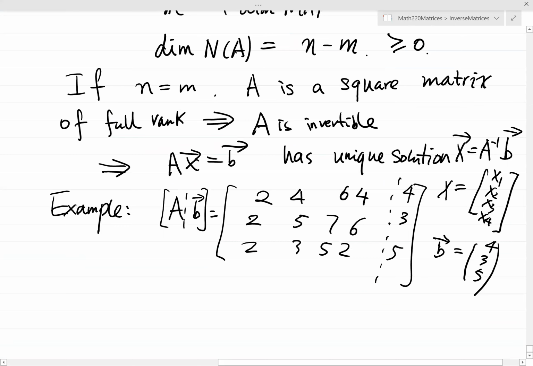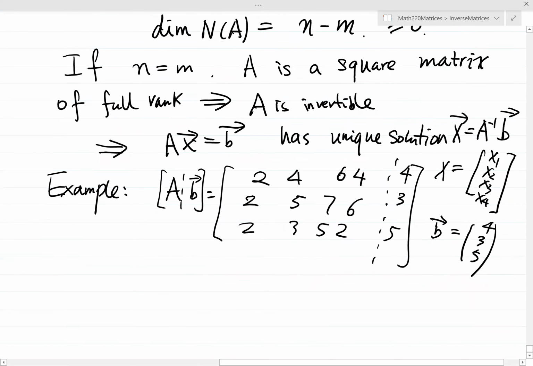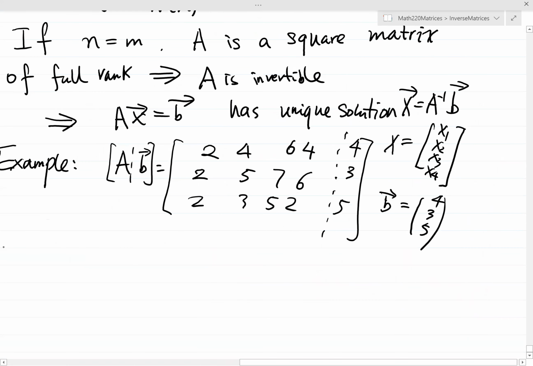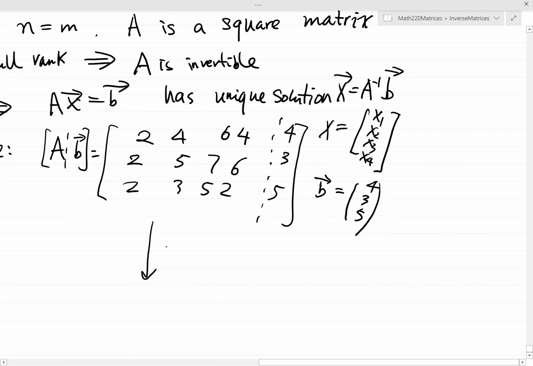Now we do the row operations. Use row operations to do elimination. Look at the first column: 2, 2, 2. So we cancel the last 2 entries.